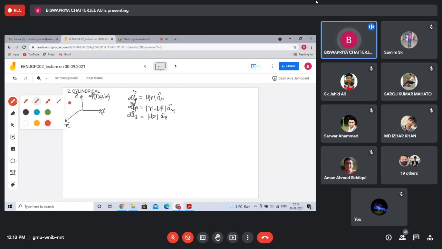So these three are the differential line elements.